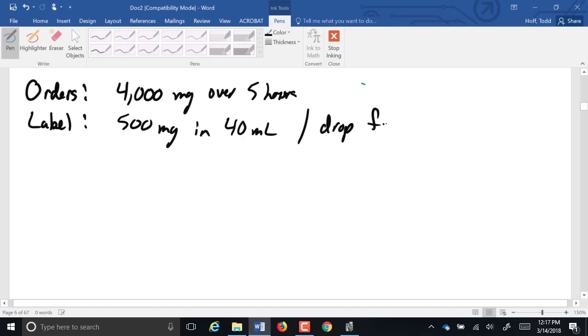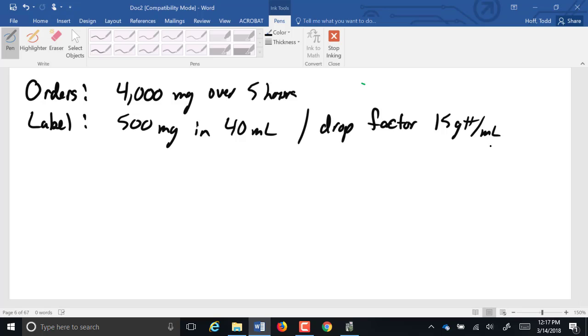Label also states that this medication has a drop factor of 15 drops per milliliter. Now remember, we discussed that drop factor as being a property of the fluid. If I remember correctly, water is 12 drops per milliliter.